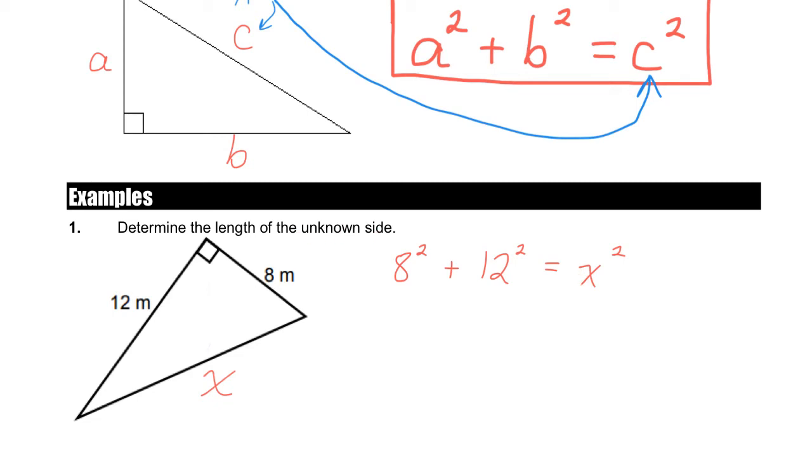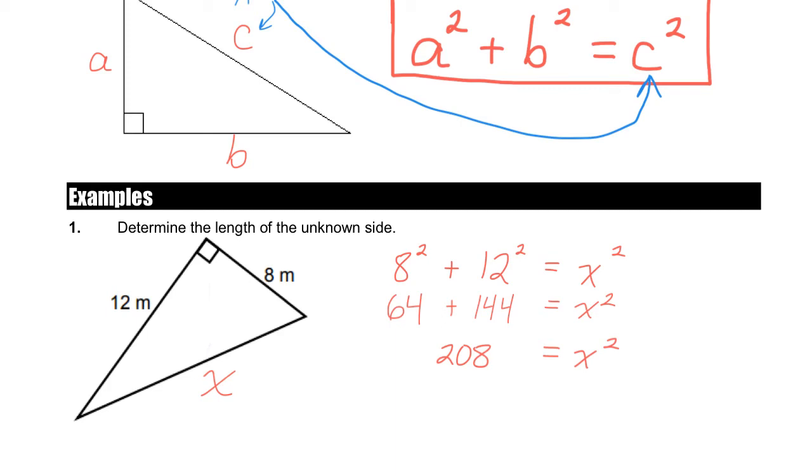Now I just have to do the math. So 8 squared is 64. 12 squared is 144. So 64 plus 144 is 208. So 208 equals x squared. A lot of people are going to stop at this point and say, oh, I got the answer. The side length is 208 meters.